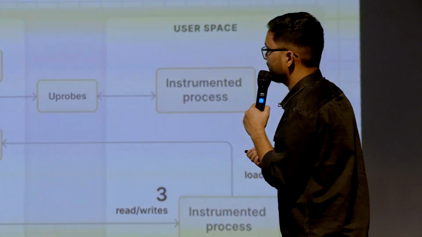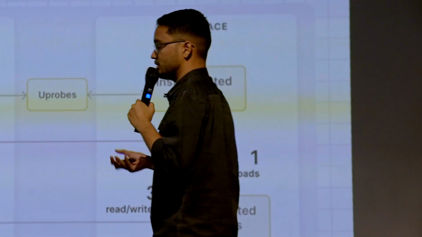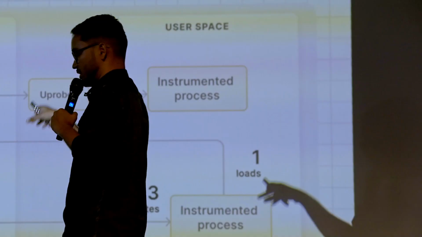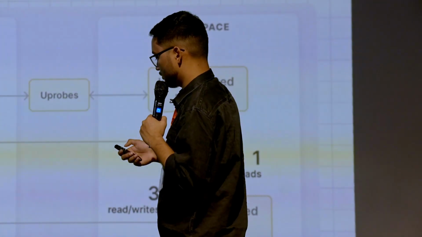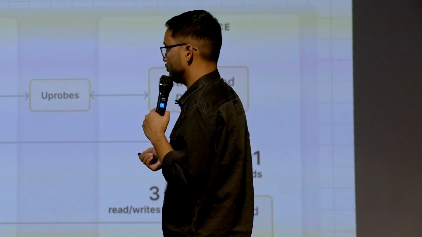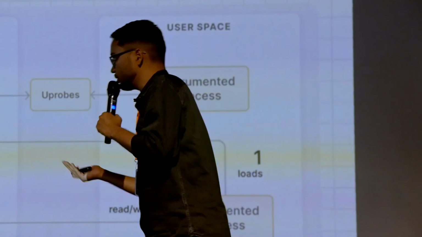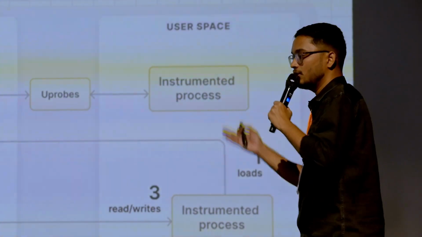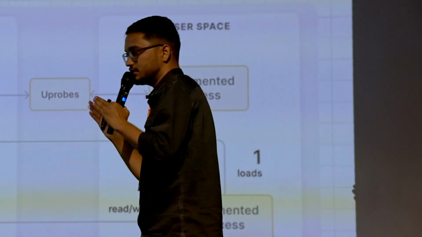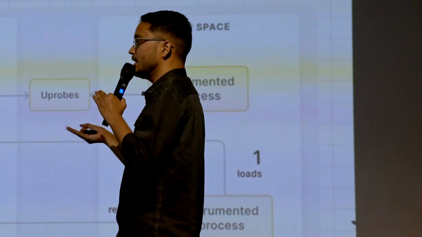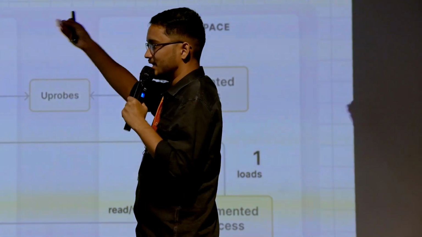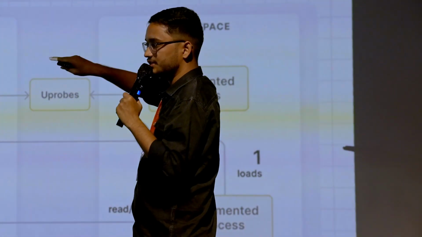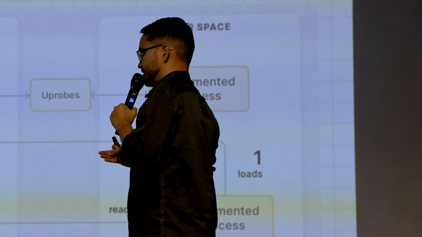So what are the different eBPF attachment points where we can hook the eBPF program? Let's talk about that. So we have the kernel probes or kernel return probes. That means whenever any kernel function runs, we can attach or hook that eBPF program at the start of the kernel function and at the end of the kernel function.